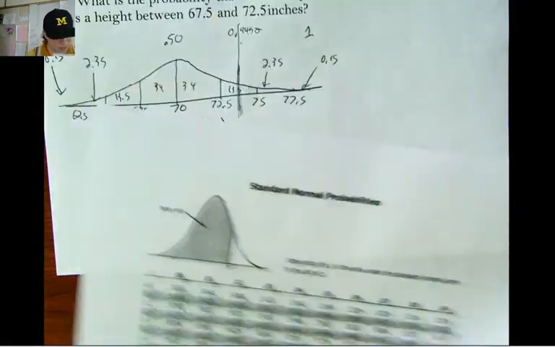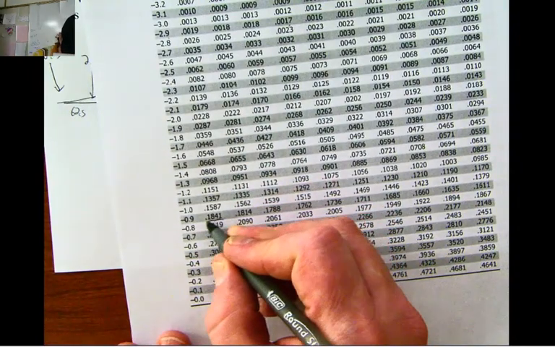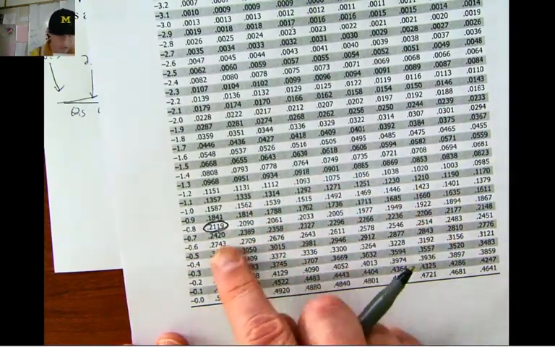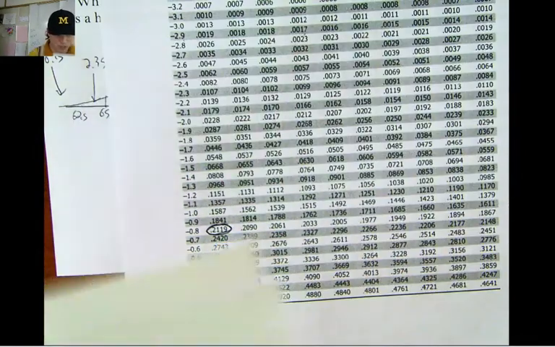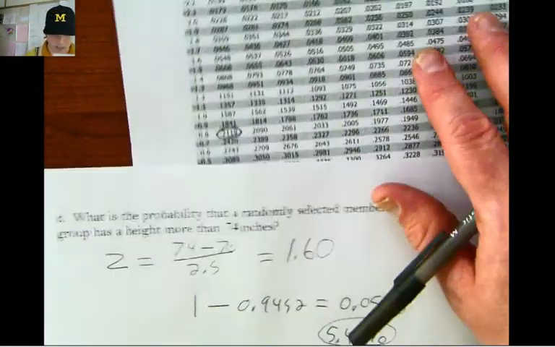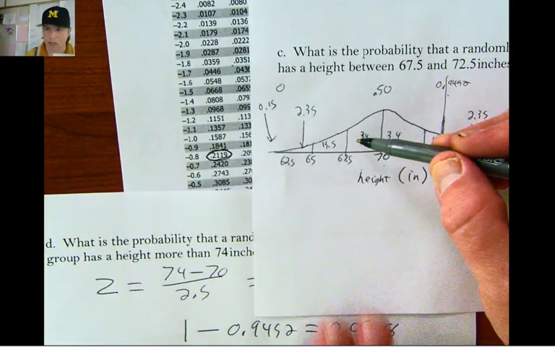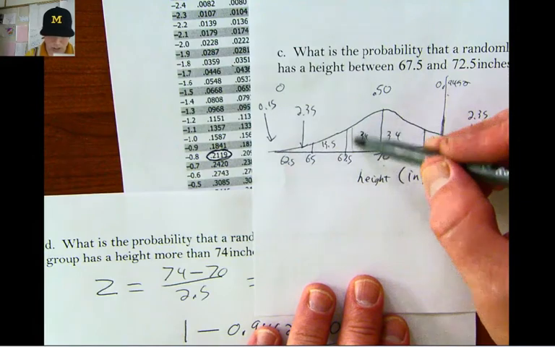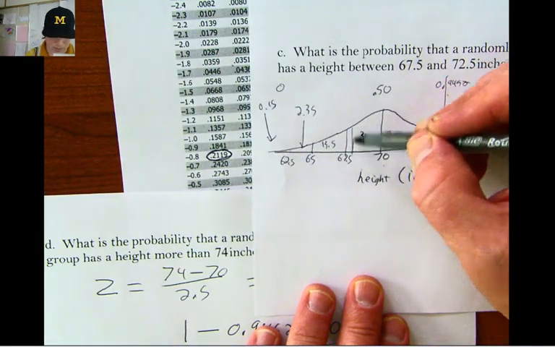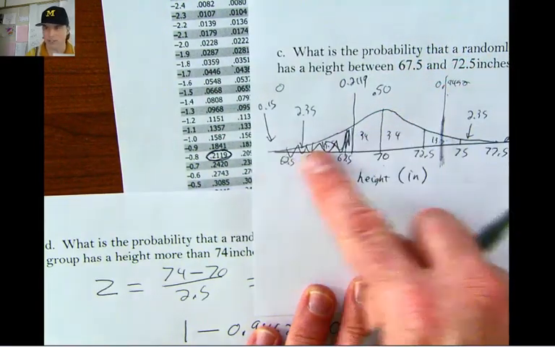Negative 0.8 is at 0.2119. So if I go back to my picture, what that's telling me is at 68, which is roughly here, this value of 0.2119 is from here to here, all of this filled in.